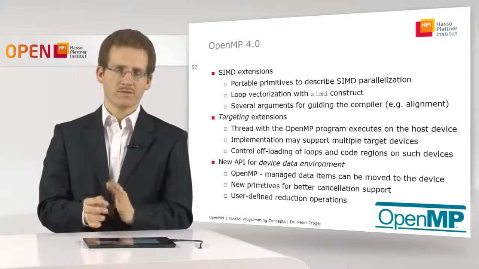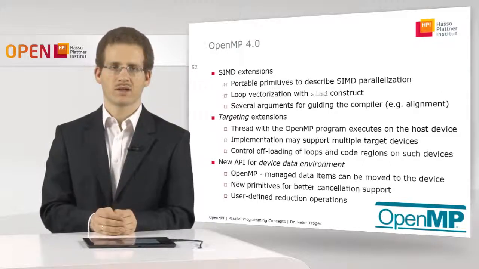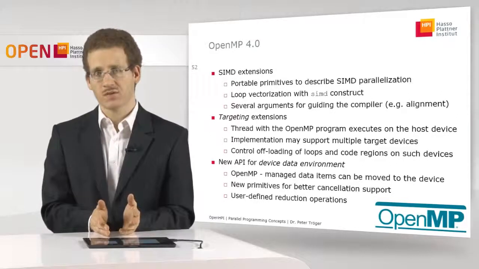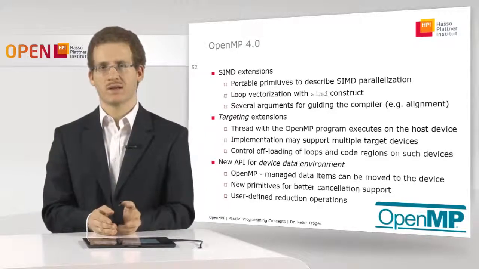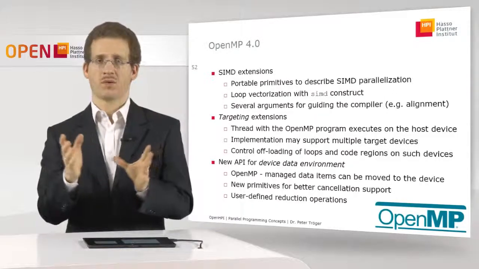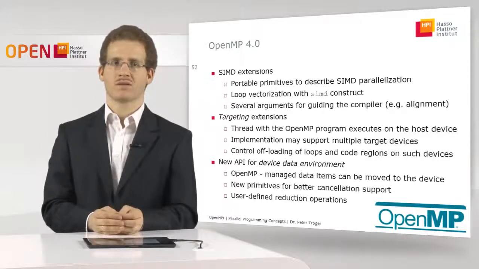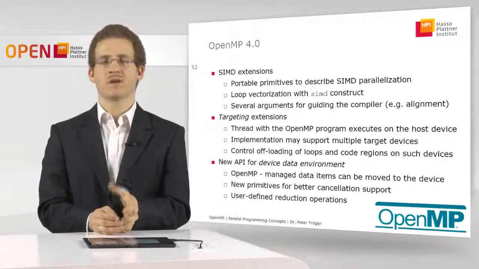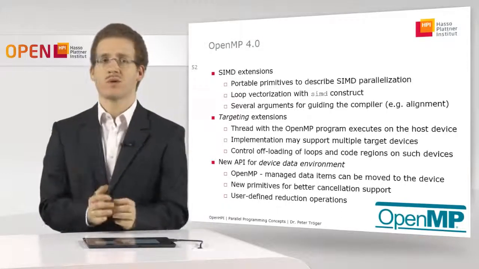Some more specific trends, so what is expectable or what is already there and might be interesting. OpenMP version 4 is an interesting thing. In OpenMP version 4, you can see that hybrid computing starts to sneak into all the programming models. So in OpenMP 4, we have SIMD extensions so that you can directly target SIMD hardware, for example, in your processor, but still have the abstract programming model.